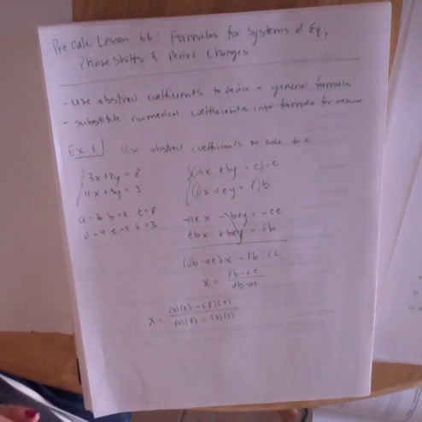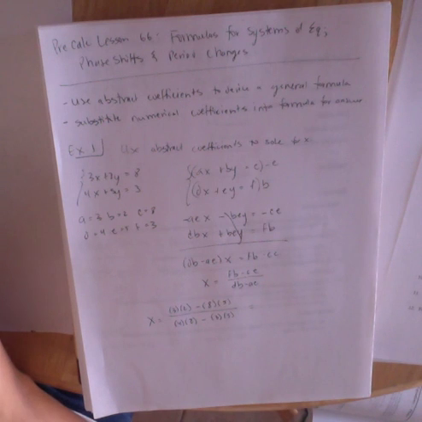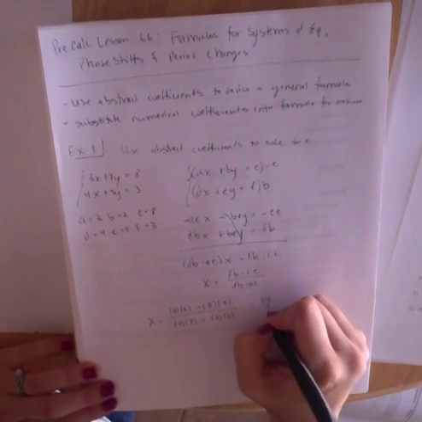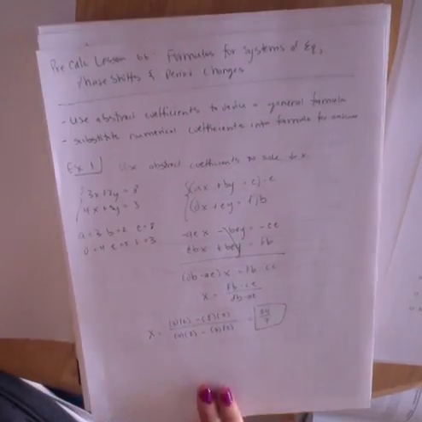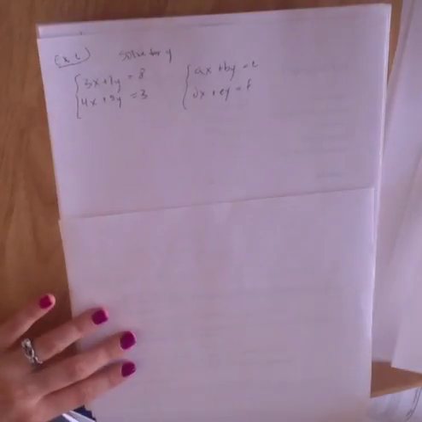That makes it really easy to solve now. I just plug these numbers into my calculator, and I get x is 34 over 7. Ta-da, done.